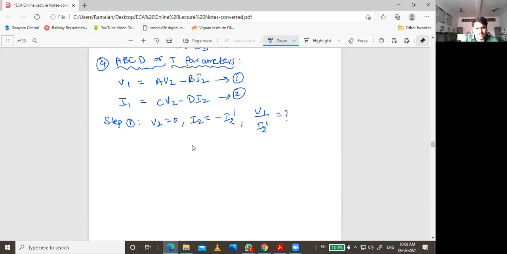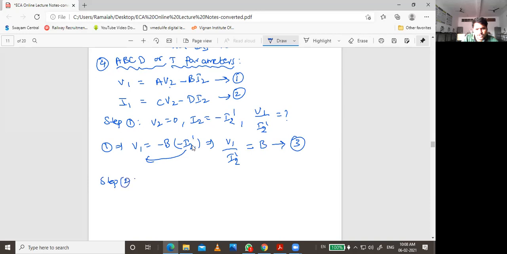So from equation 1, V1 equal to A V2, where V2 is 0, minus B into I2, which is minus I2 dash. Therefore, we bring this I2 dash to the LHS, so V1 by I2 dash is equal to minus into minus, plus B. So equation number 3.